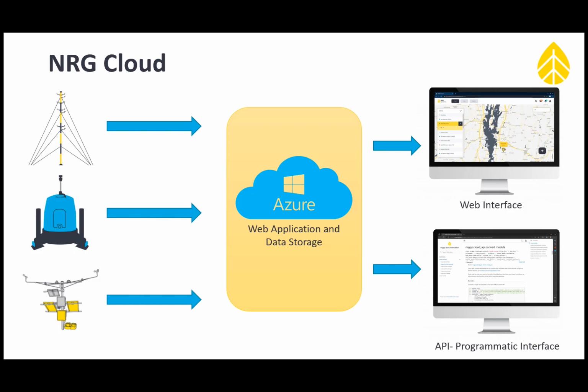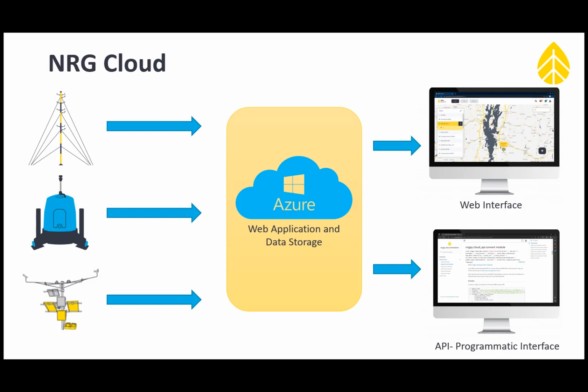And so what this slide really shows you is how NRG Cloud makes accessing your Symphony Pro data logger or ZX LiDAR data as easy as possible. In this example, you either have an NRG tall tower that's all configured, or you have a ZX LiDAR, or maybe you have recently purchased one of our NRG Flare SRA systems, and it's deployed out in the field.